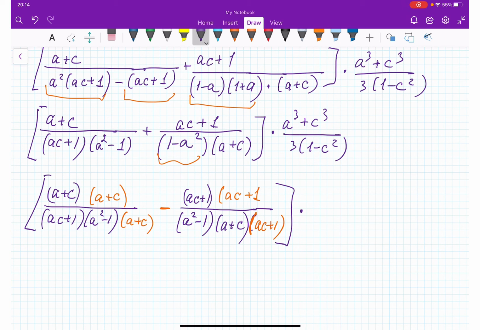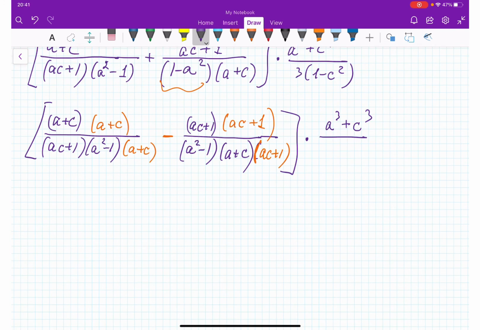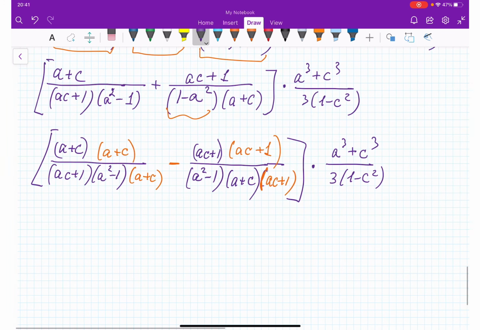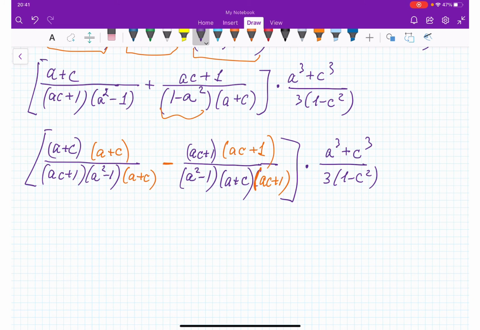See, I still don't see the need to open a cubed plus b cubed plus c cubed. And we have here 1 minus c squared. Okay, let's see what we are going to do here.